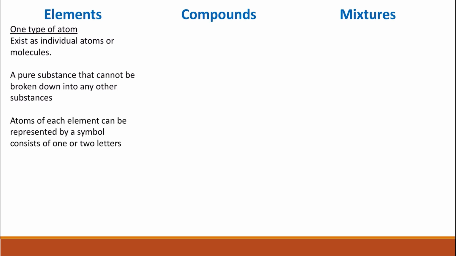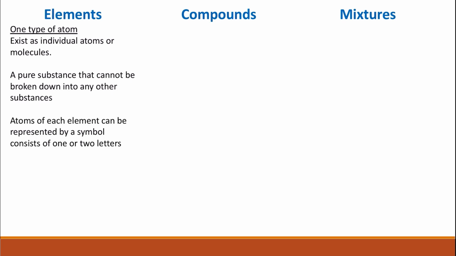Atoms of each element can be represented by a symbol consisting of either one or two letters. So you can find the different elements in the periodic table, and each element is represented by a symbol. And how do we represent it by symbols?